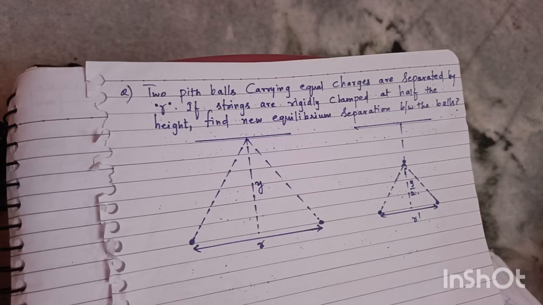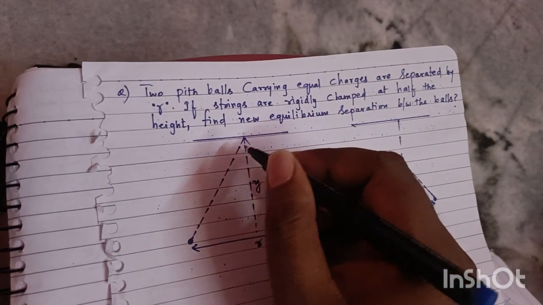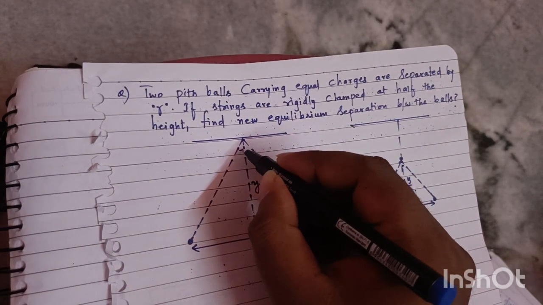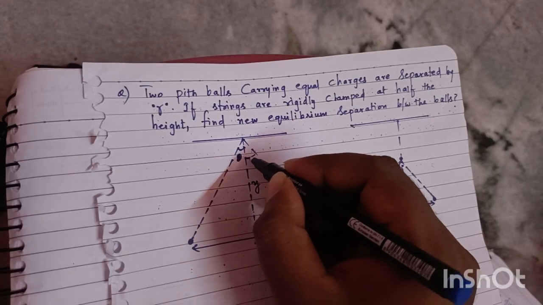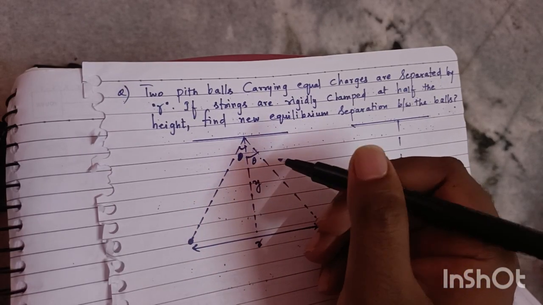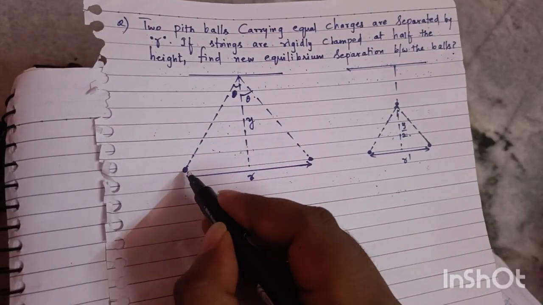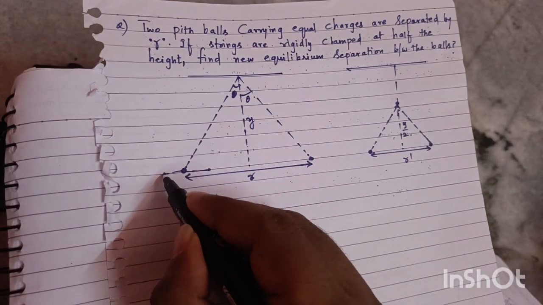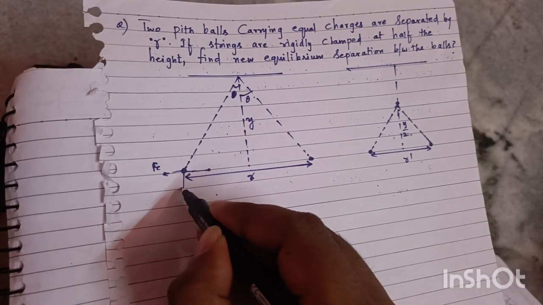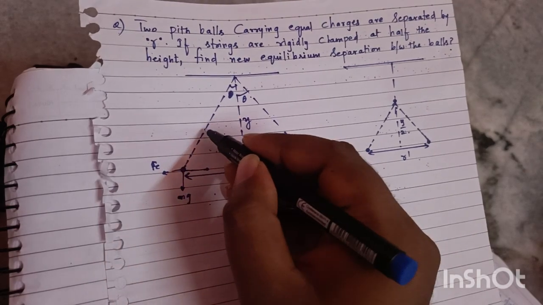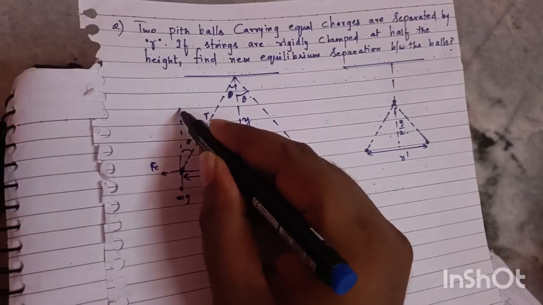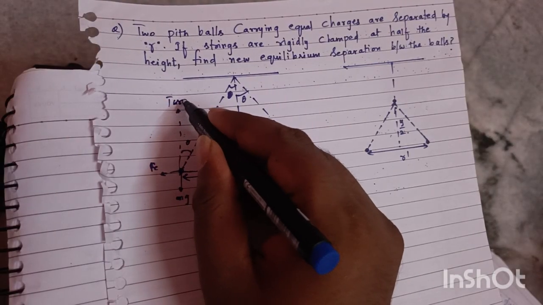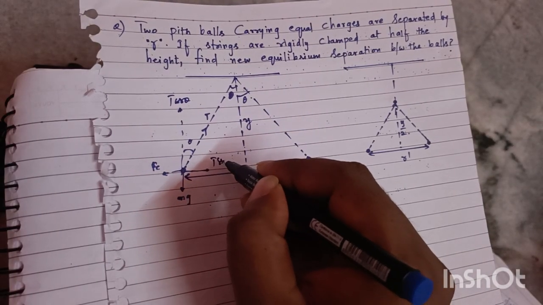That's what they asked. Okay, so let's say initial separation, this angle is some theta, right? So from equilibrium this will also be theta. So Fc, mg, T, T cos theta, T sin theta.